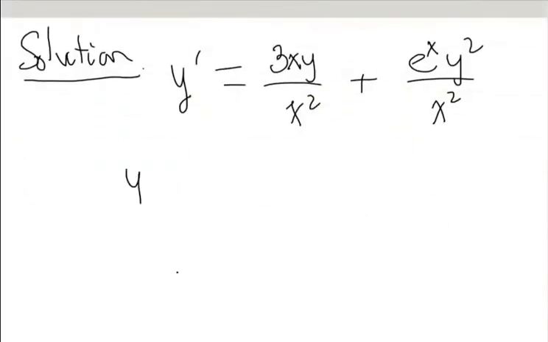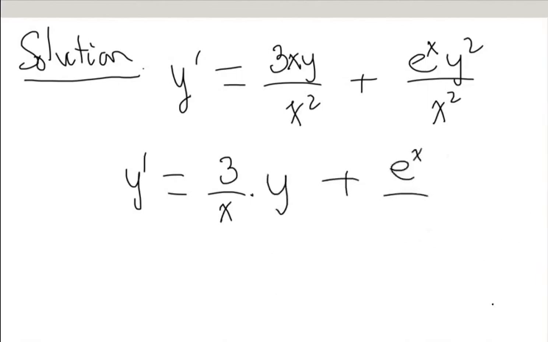Simplifying, y prime equals, and we write the coefficients separately: 3x divided by x squared, we have 3 over x, and separate y, and then e to the x over x squared, and separate that y squared.